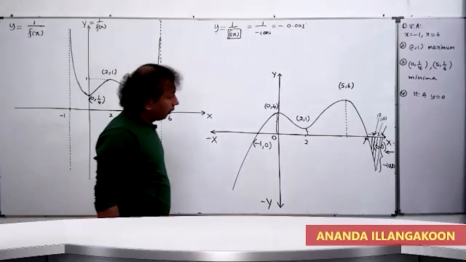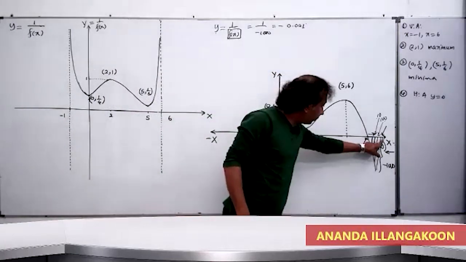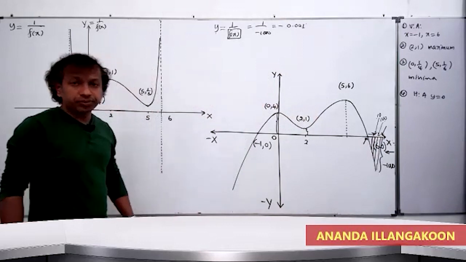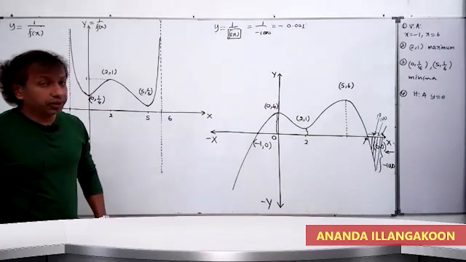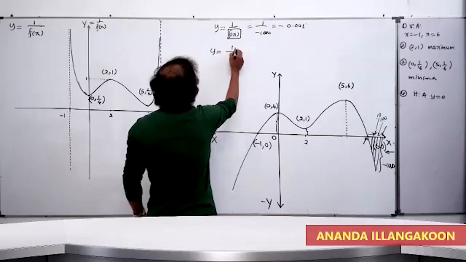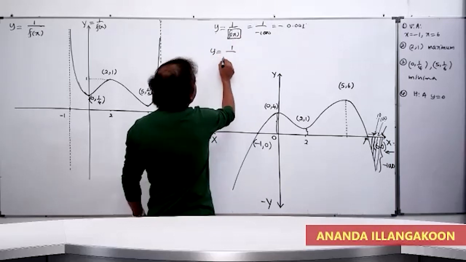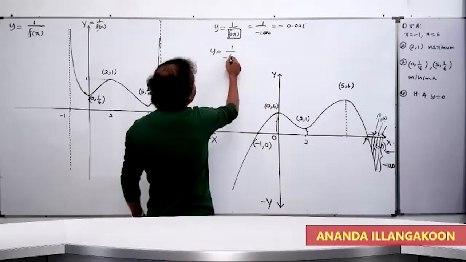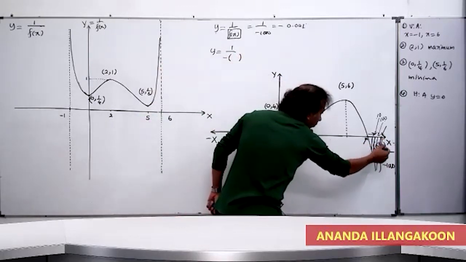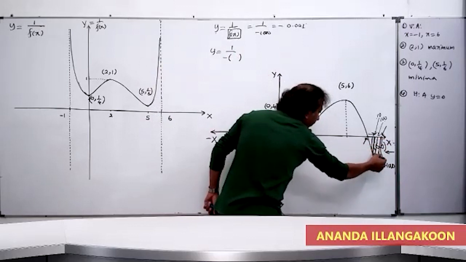Now, like this, when you come this way, you can very clearly understand this denominator f(x), keeping a minus sign before that, this gap, this height is decreasing here.